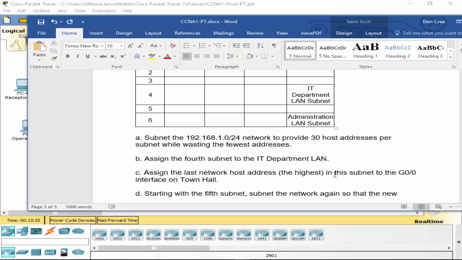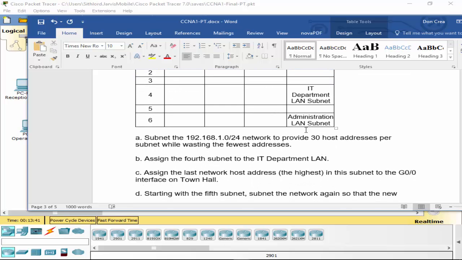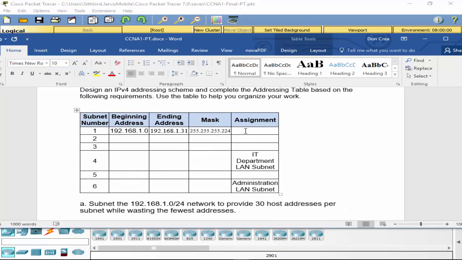Assign the last network host to G00. Okay, so G00. We'll go back there. G00 is going to be assigned last highest, 168.1, and if you said 31, remember that's the broadcast, so it is 30.